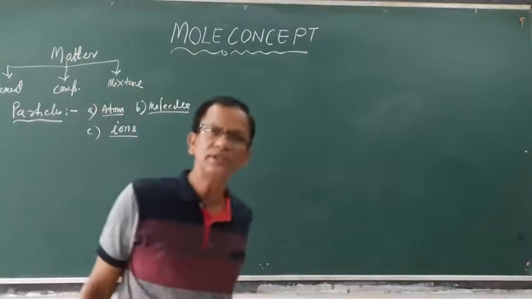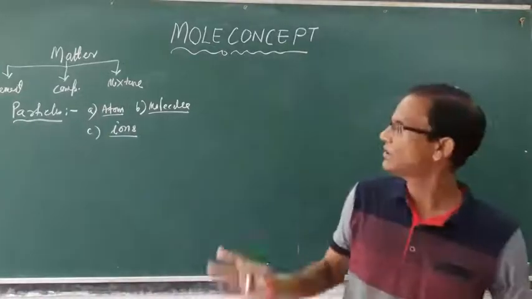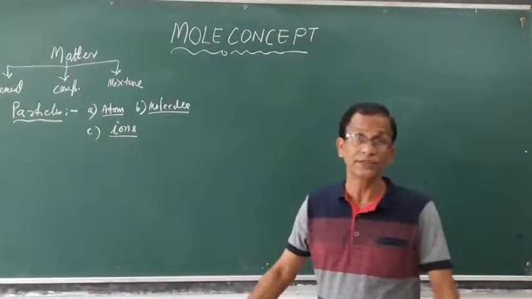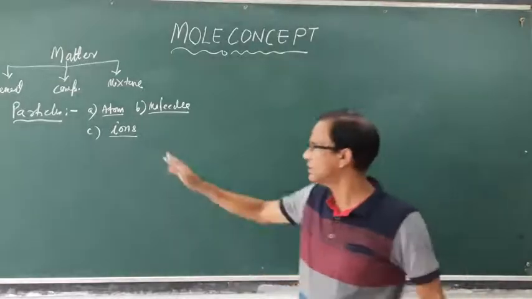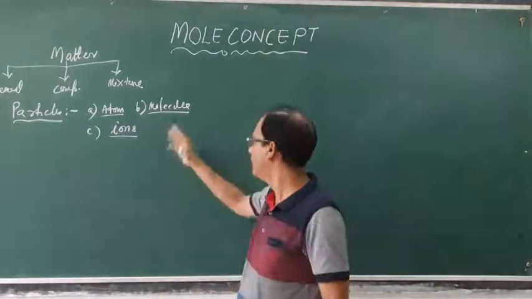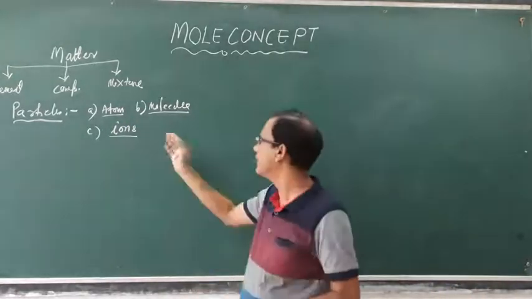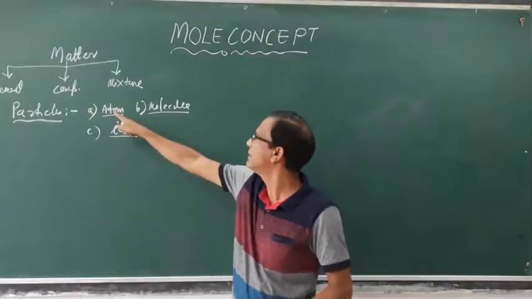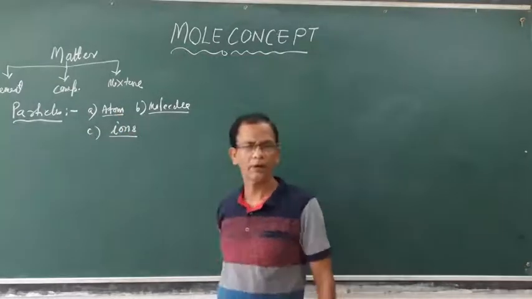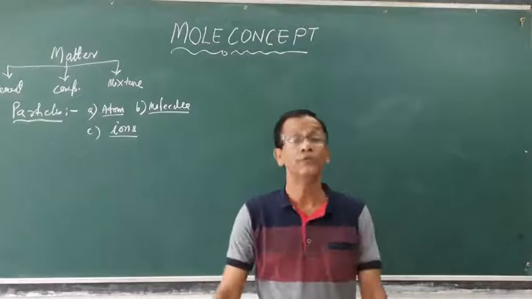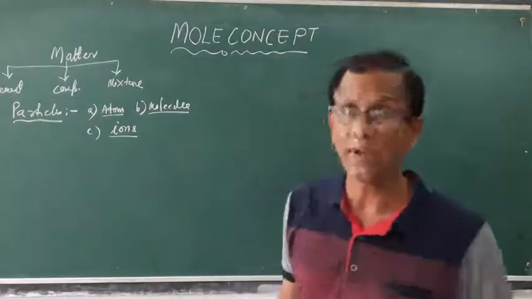Matter is mainly made of 3 types of particles, either atoms, molecules or ions. So these 3 types of particles constitute different types of matter.